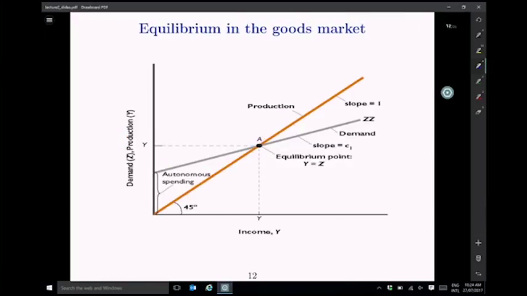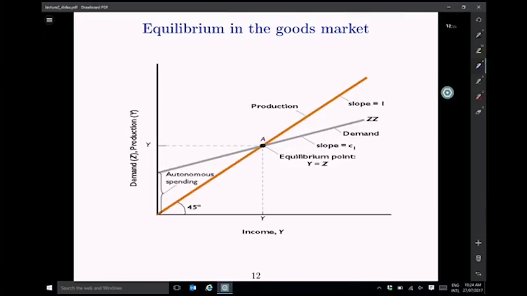Graphically, there's a nice way to see this solution because we have already looked at the consumption function, right? The consumption function is linear. It has a positive intercept and a positive slope.